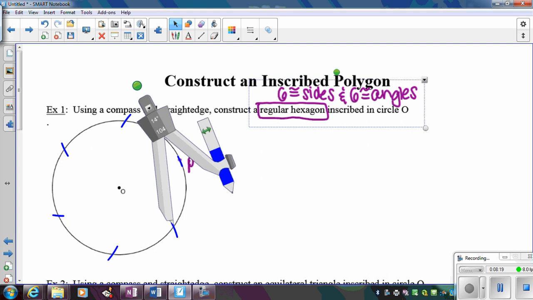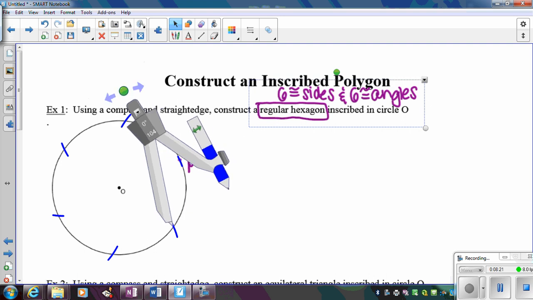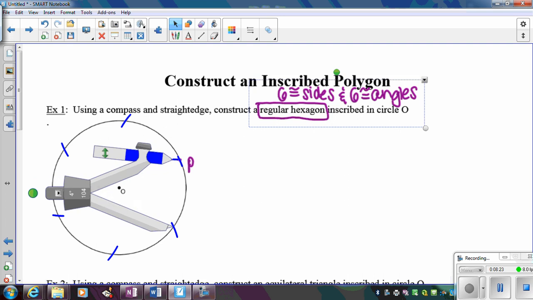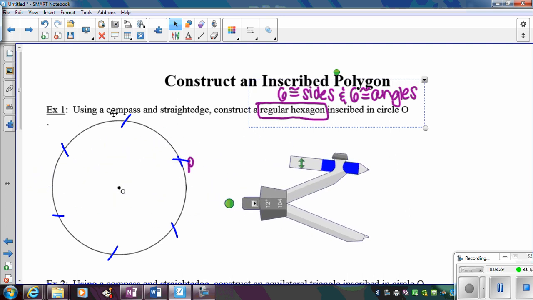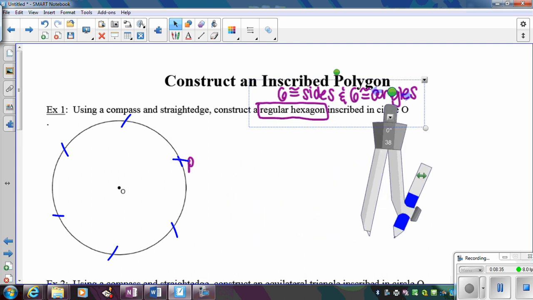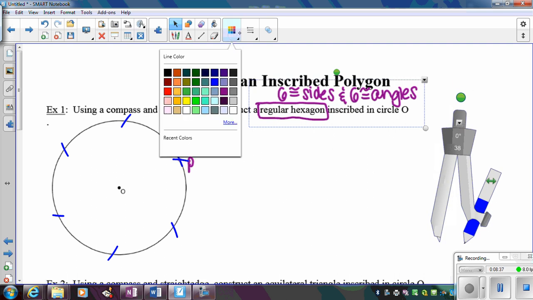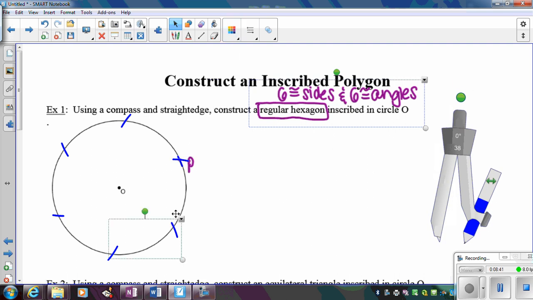So if we actually take this, put that metal point, we should see that it's passing through point P. So you have all of these arcs that are the same distance as the radius. These arcs represent the points of your hexagon. So I'm going to go ahead and just mark those points now. So those are my points.